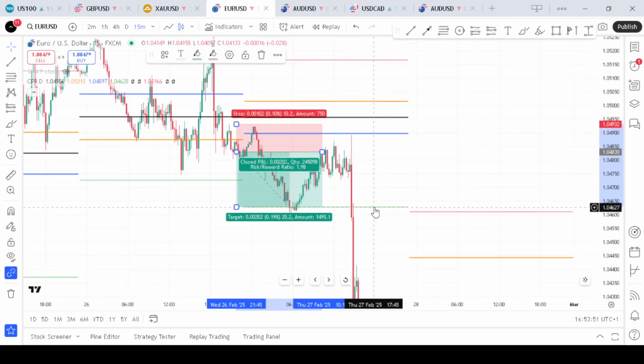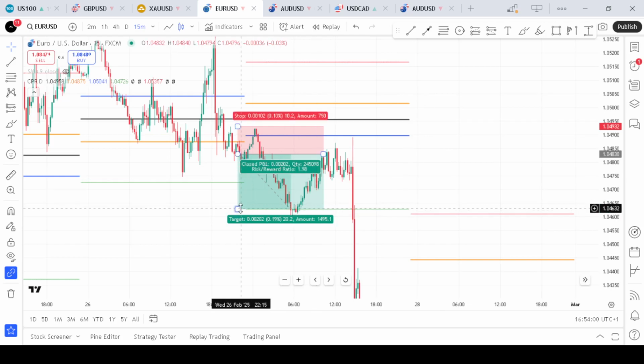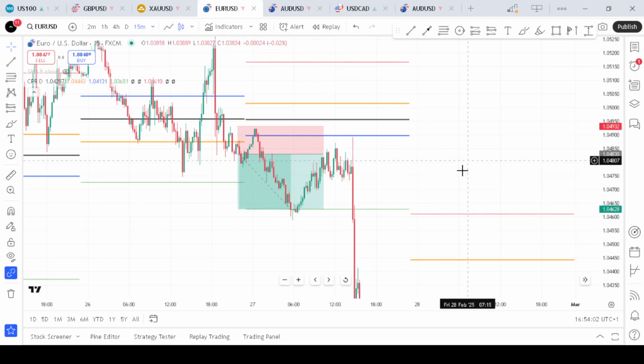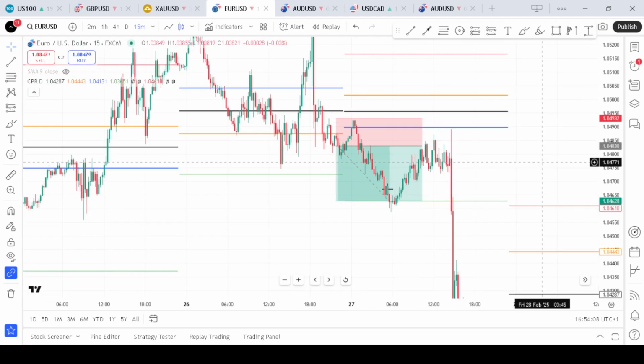Remember, the green lines are your support 1 level, while the red lines are your resistance 1 level. So you can target this area as your support level, as your take profit level. This is basically what the strategy is about.